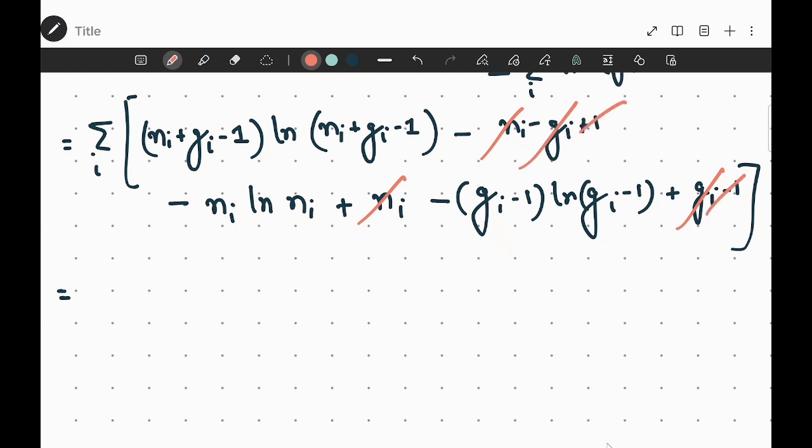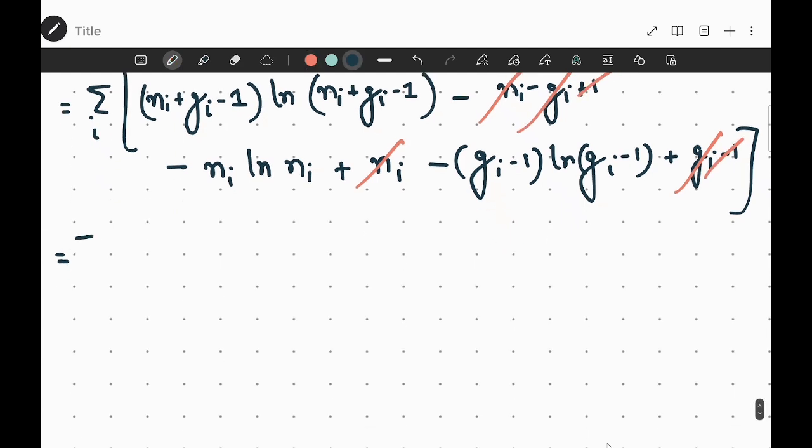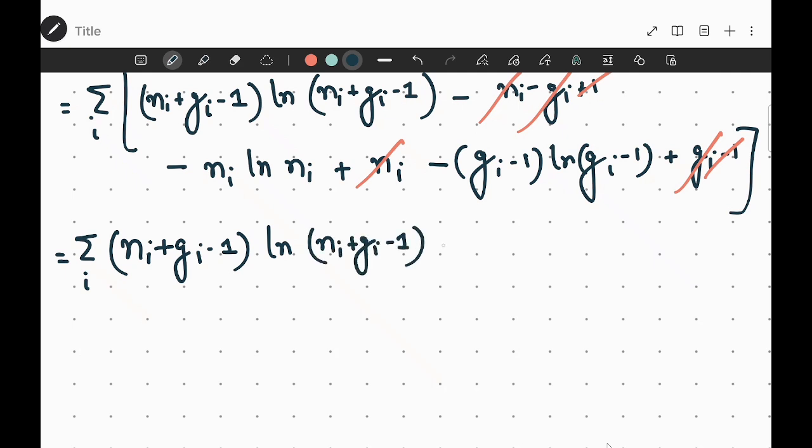So only we have the sum over i of (ni plus gi minus 1) ln (ni plus gi minus 1) minus ni ln ni minus (gi minus 1) ln (gi minus 1). So is it clear?